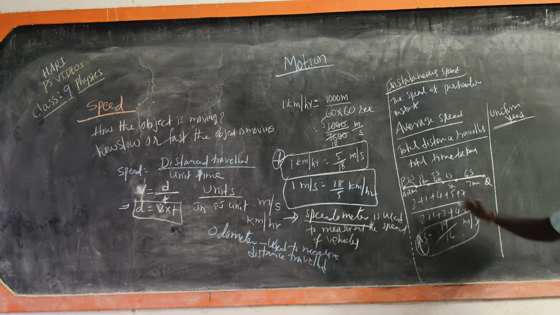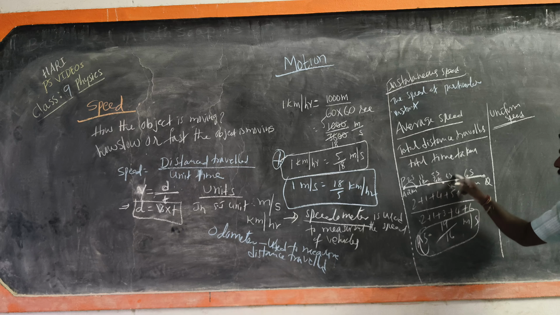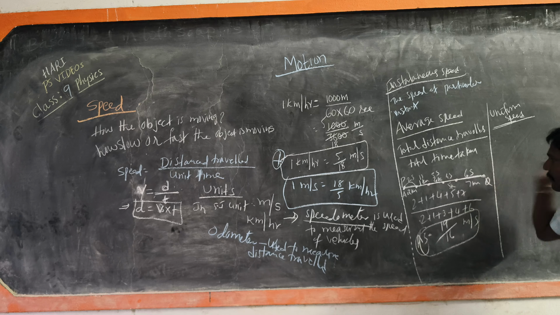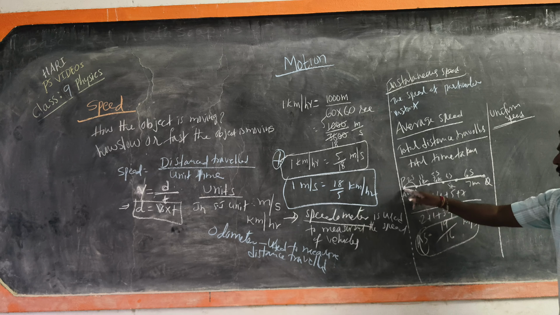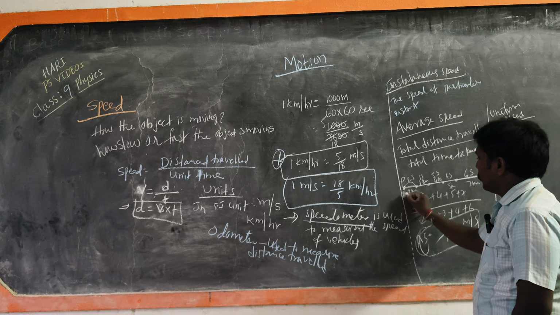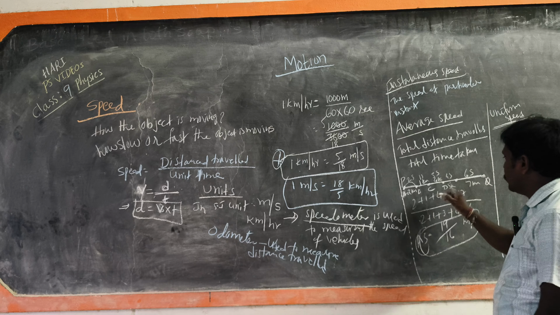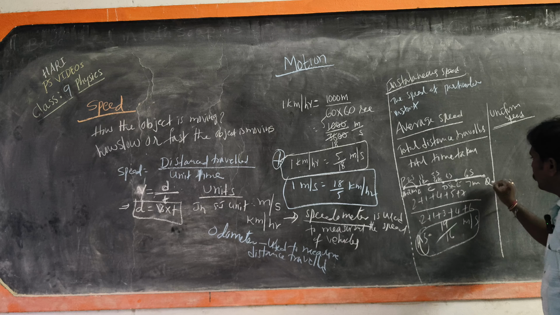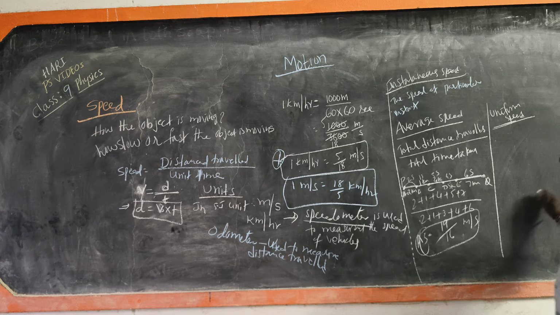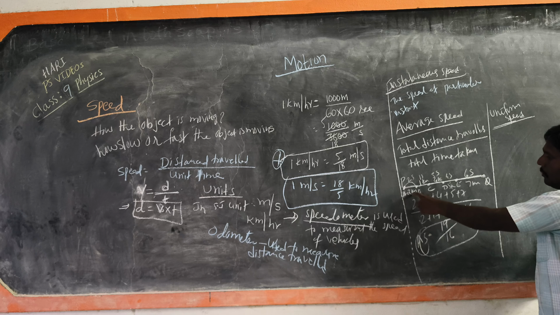Now uniform speed. Here observe that the object covered different distances in different intervals of time. Say the object moves from P to Q through B, C, D, E. P to B is 2 seconds, 2 kilometers.